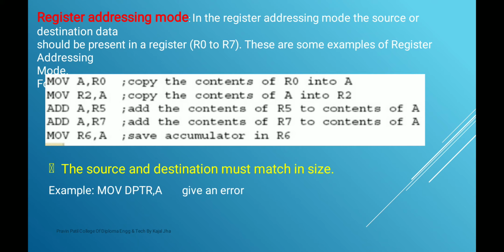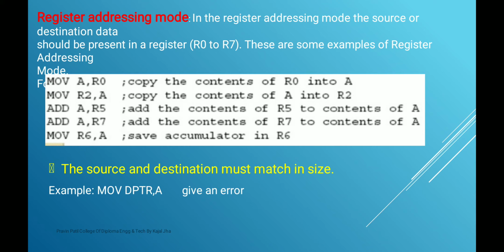Okay, so A is now equal to 4H. MOV R2, A means copy the content of the accumulator into R2. Okay, ADD A, R5 means add the content of R5 into the content of A. If R5 is equal to 3 and A is equal to 4, then what is the new value for A?